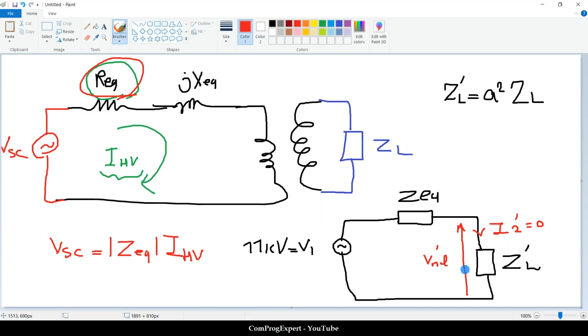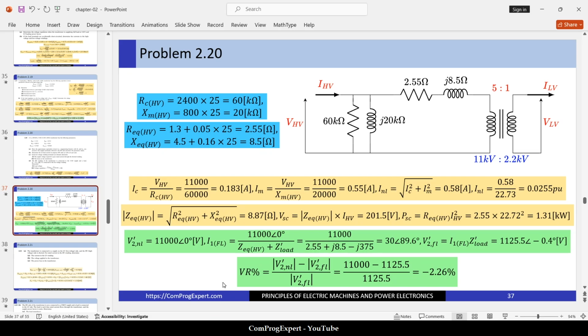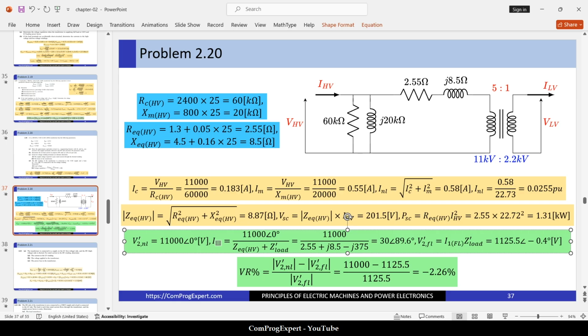And for the full load condition, we can calculate the current I2 prime for the full load, or I1 for the full load. Let me modify this. This is I1 for the full load is equal to the source voltage.